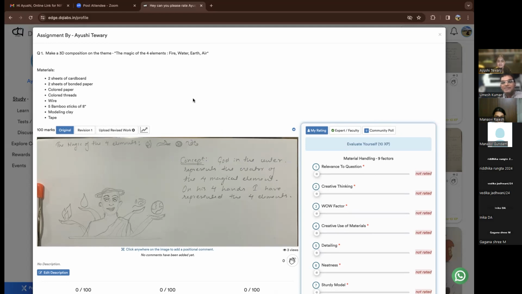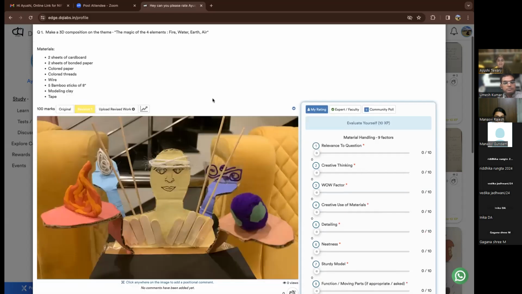It was 2D only. So what I did is, God is in the center. The person which I have shown is supposed to be God, the creator, and on four hands, the four elements. That was the idea. But when I tried to make it, it did not turn out how it should be.